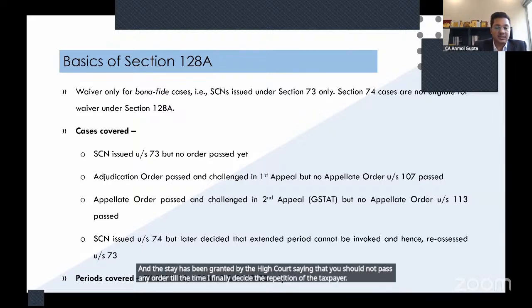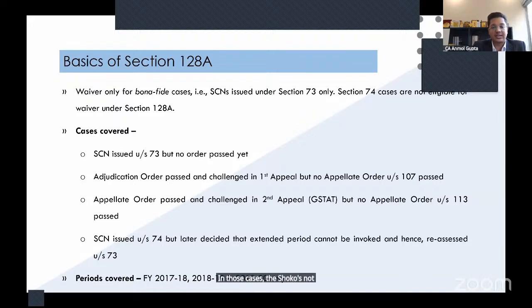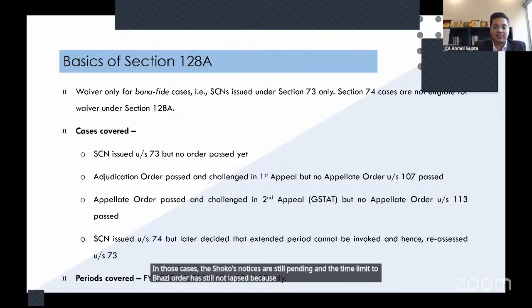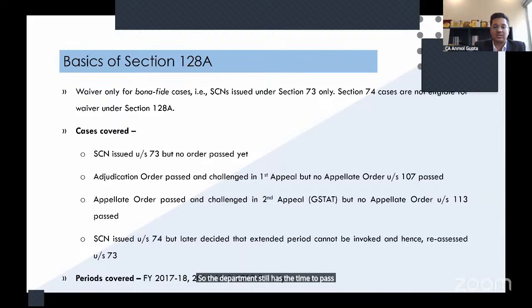In those cases, the show cause notices are still pending and the time limit to pass the order has still not lapsed because the stay has been given. So that time is already there with the department. So in future, if the High Court rejects the writ petition of the assessee, the department still has the time to pass the order for the first 3 years since the stay has been granted by the High Court.